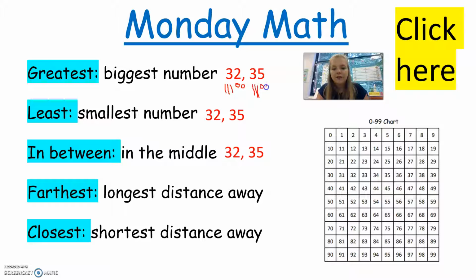Let's see if I can draw this out nicely. Okay, so which one was greater? That's right, 35 is the greatest number. And that means which one is the least? Look up here, they had the same amount of 10s, but which one had fewer ones? That's right, 32. Good job.